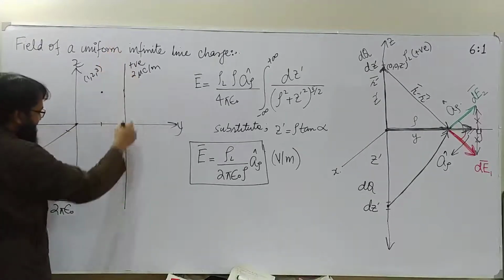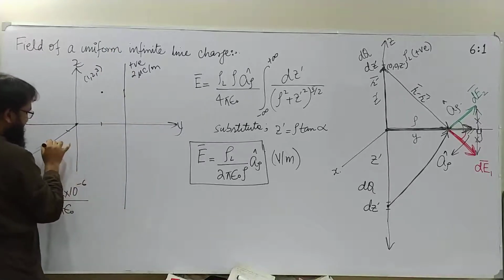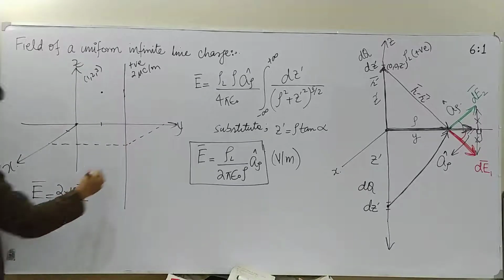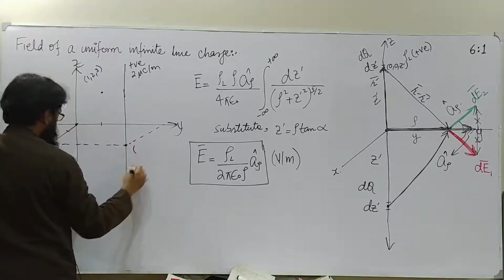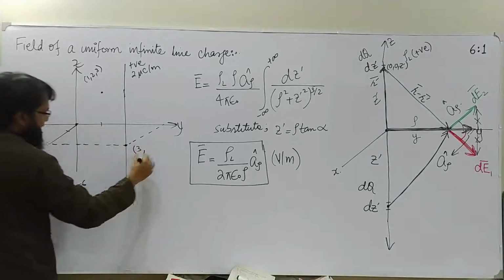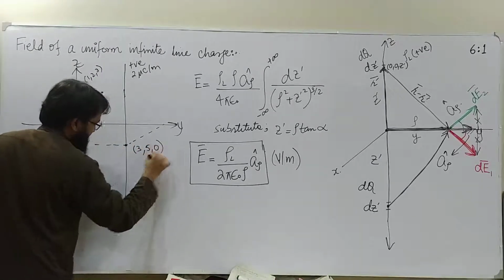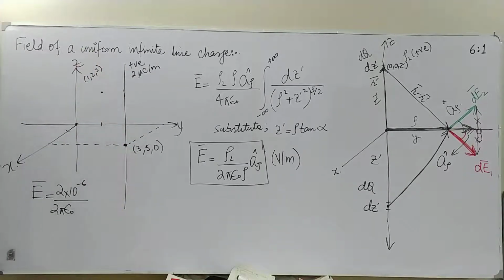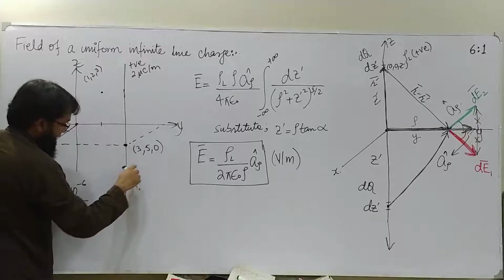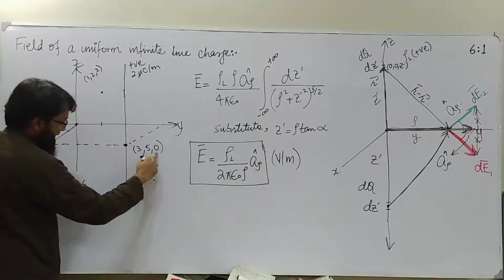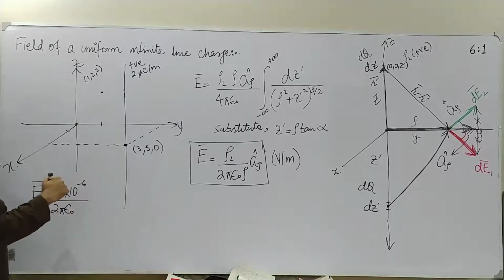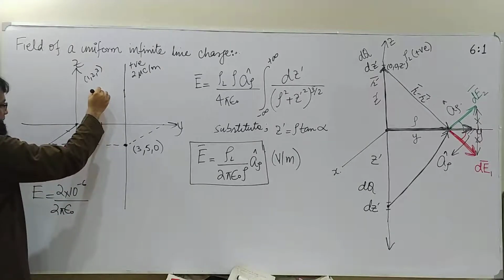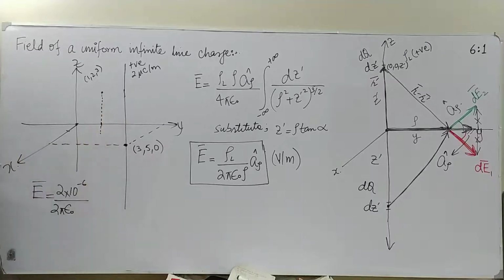Let's say this line charge intersects the xy plane at 3, 5, 0. So for the perpendicular distance, you just drop a perpendicular to a point on the z equals 0 plane.